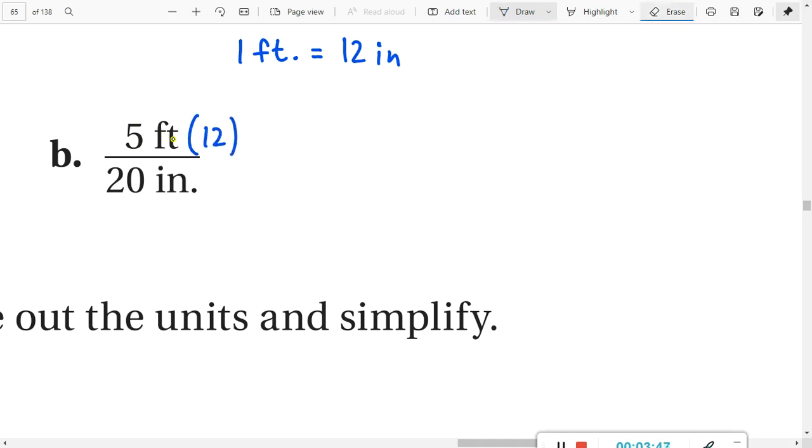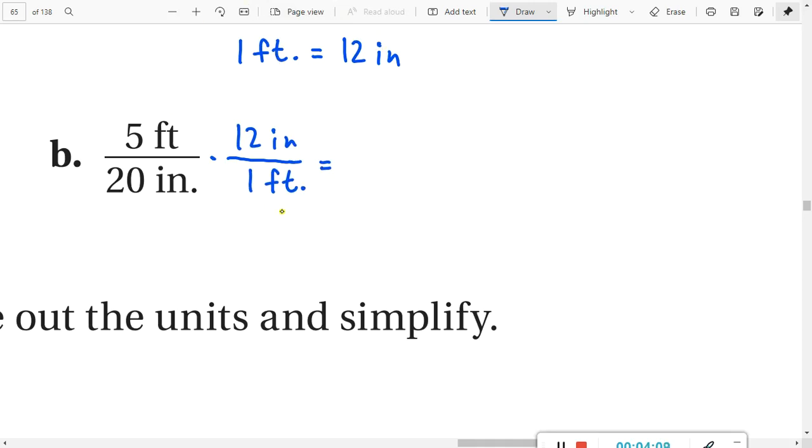Really, if you want to get technical, you're supposed to do it this way. You're supposed to multiply by 1 over the other. So it would be 12 inches over 1 foot. So same thing really.